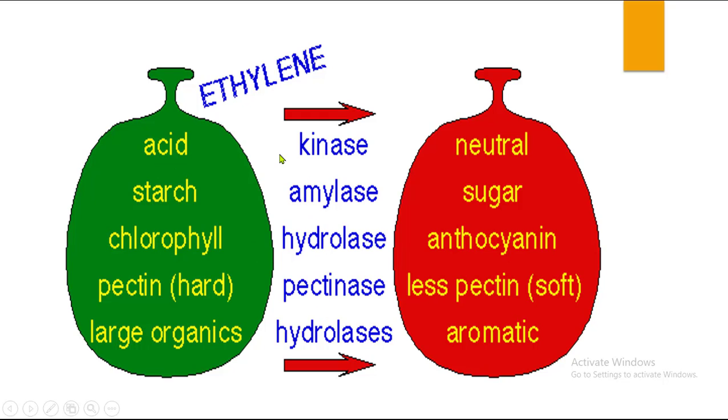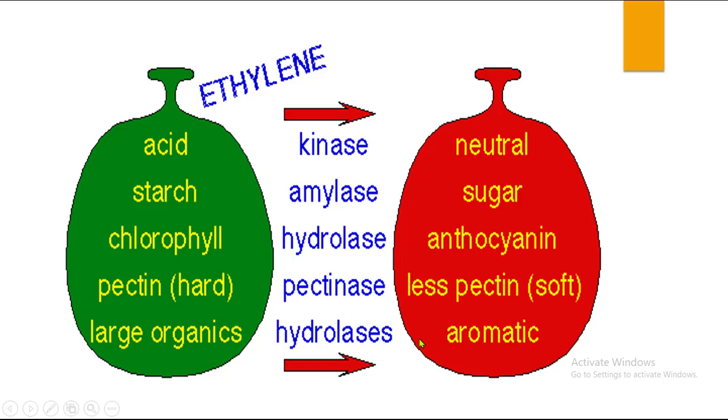The acidic components are converted into neutral substances. Starch is converted into sugar, making tasteless fruit sweet. Hydrolases convert green colored chlorophyll into colored substances, anthocyanin. And the unripened fruit is hard due to pectin, and pectinase converts pectin into its components which are soft.